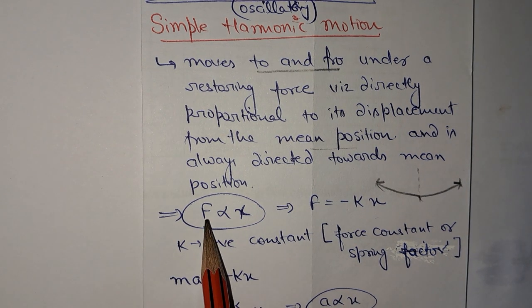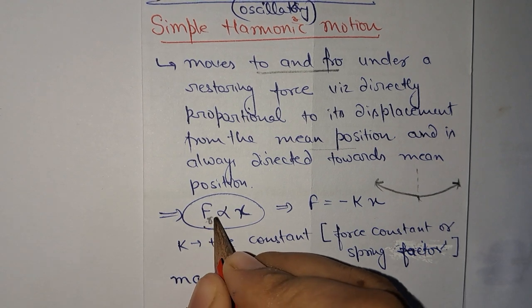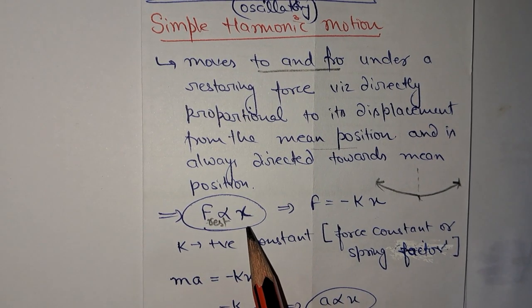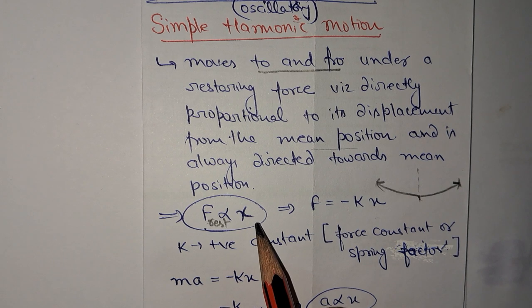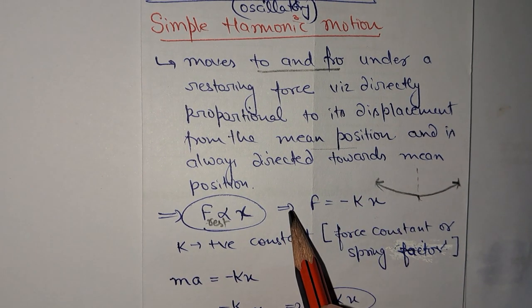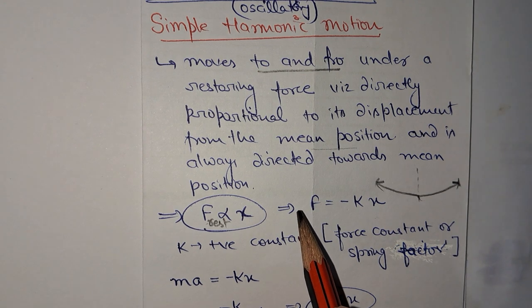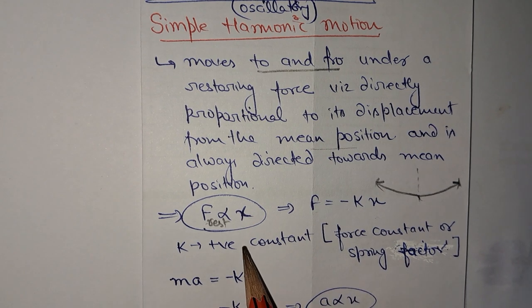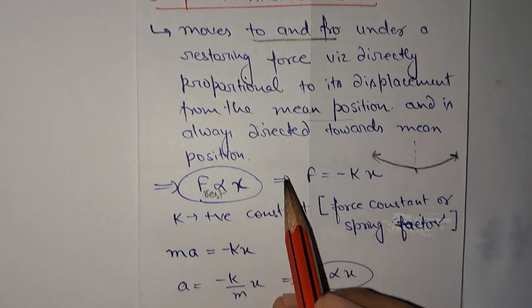So the restoring force is directly proportional to the displacement from the mean position, but the direction of displacement and force is just opposite. So F can be considered as minus kx, where k is the force constant or spring factor.